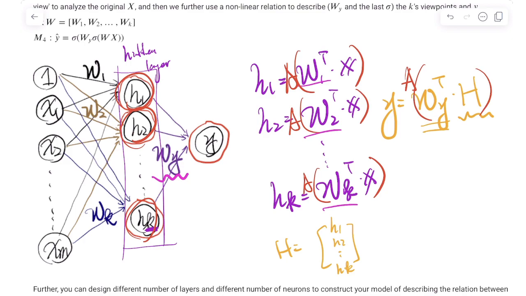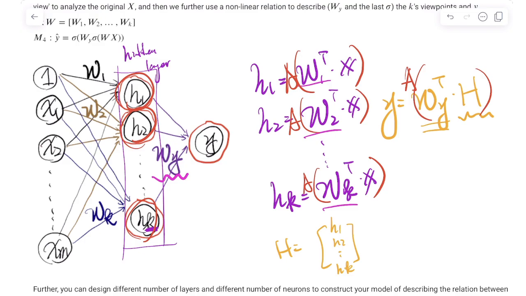It really depends on you to decide how many layers, and in each layer how many neurons you want to put into the hidden layer. And then we wish such a network can help us design different models.